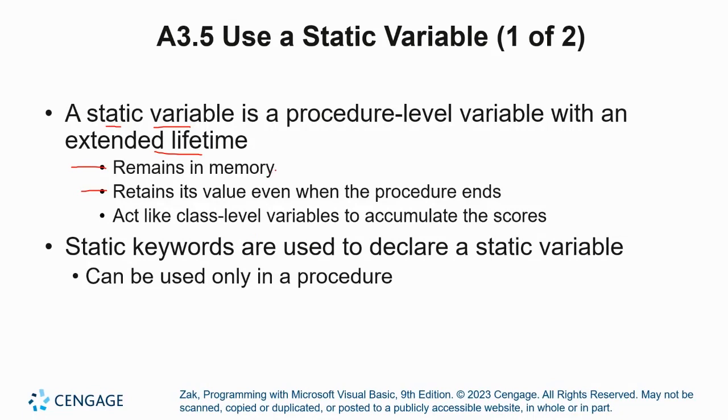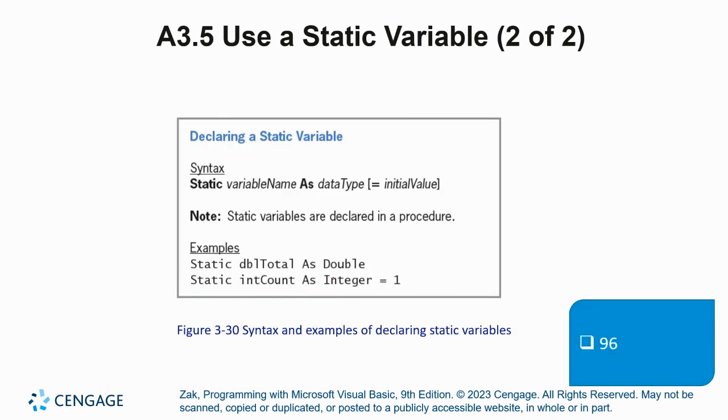So it acts like a class level variable in terms of memory, but it acts like a procedure level variable in terms of scope. It can only be used in that procedure in which it is declared. And to declare these, you use the static keyword. So instead of const, instead of dim, we use static.